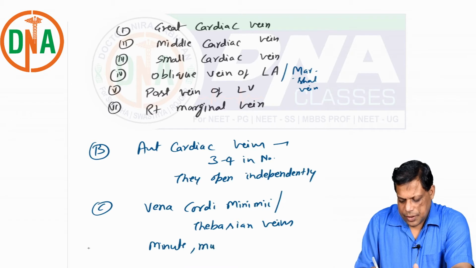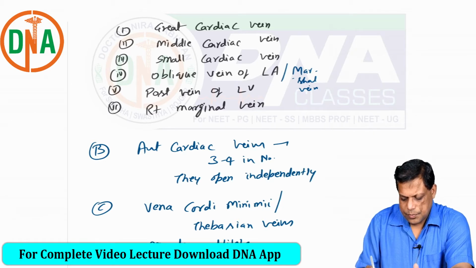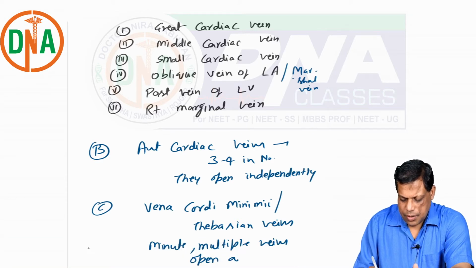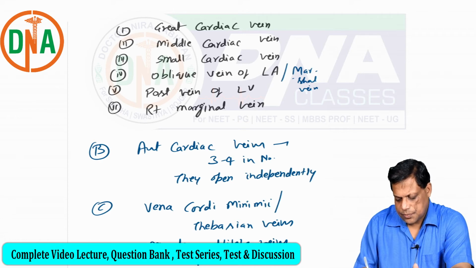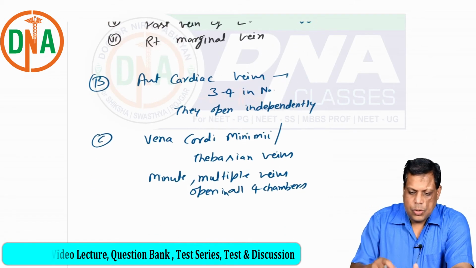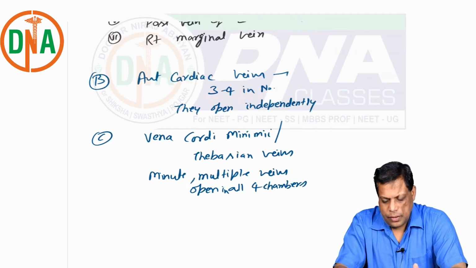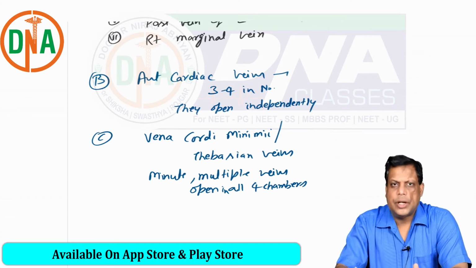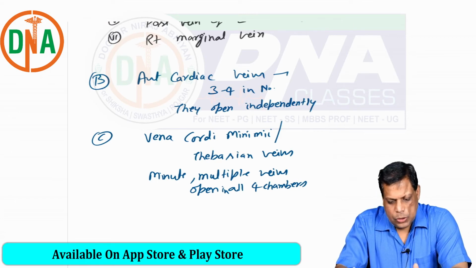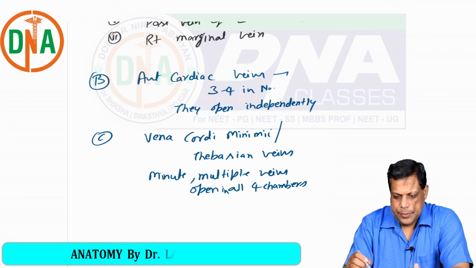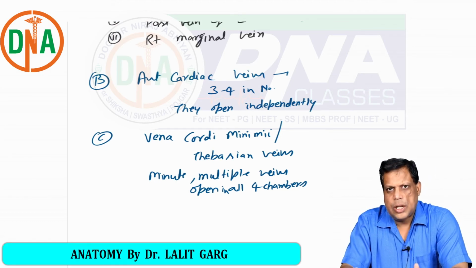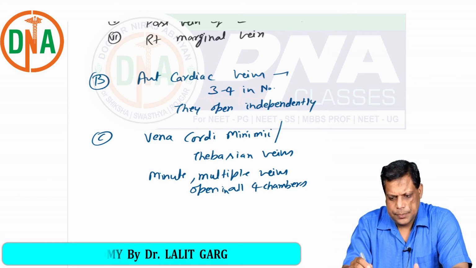These are multiple veins, and they open in all 4 chambers. So if someone asks which vein opens in the left ventricle, the answer is venae cordis minimae. So this is the venous drainage of the heart. The next topic will be the coronary circulation of the heart.